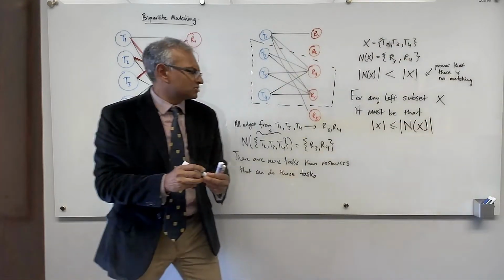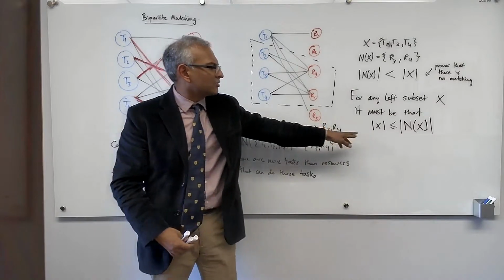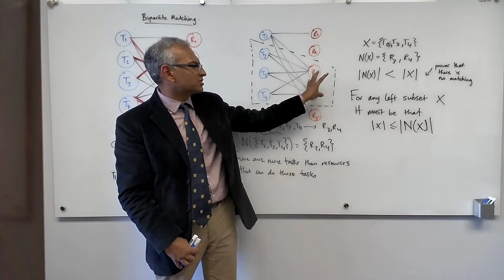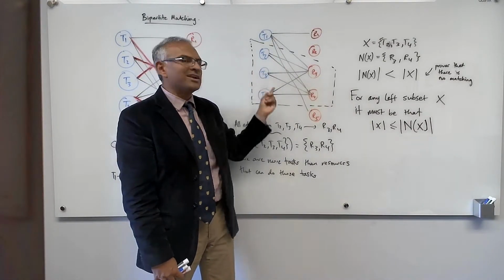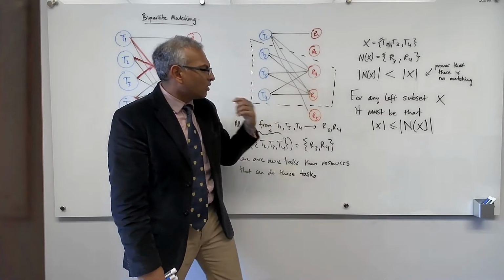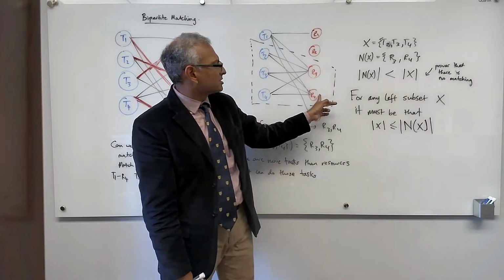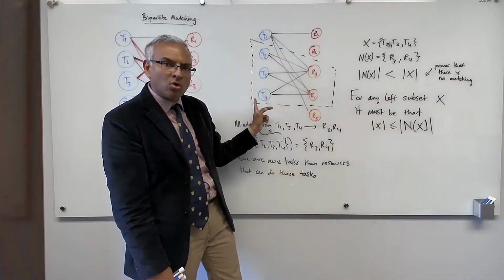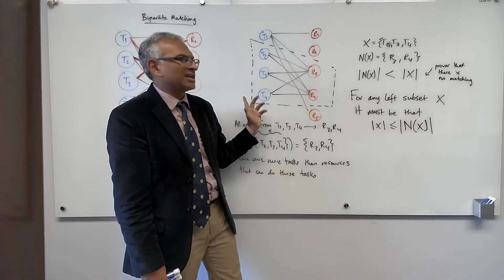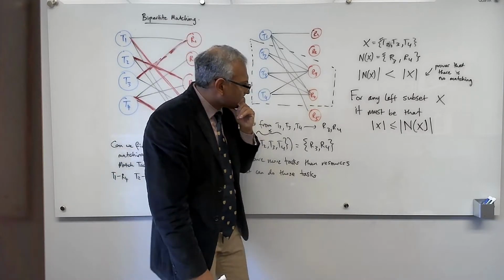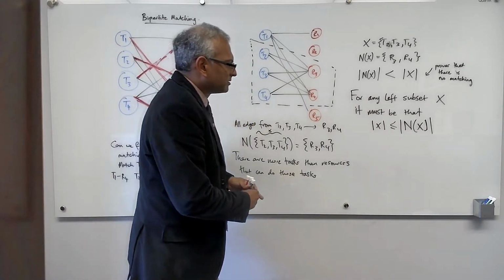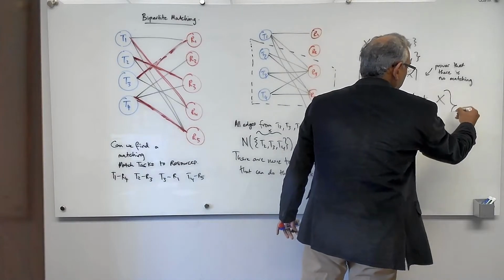Because if that's not the case, you just don't have enough resources to go around. All these neighbors have to be spread among more customers, and that's not possible. This is called Hall's condition.